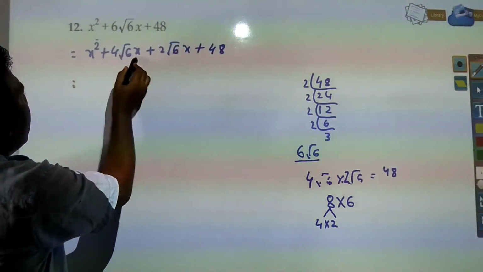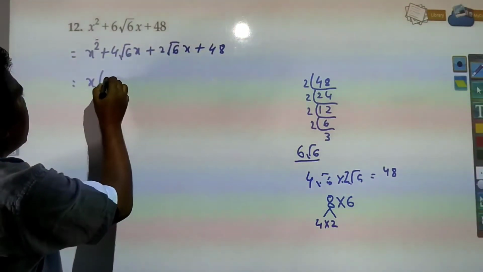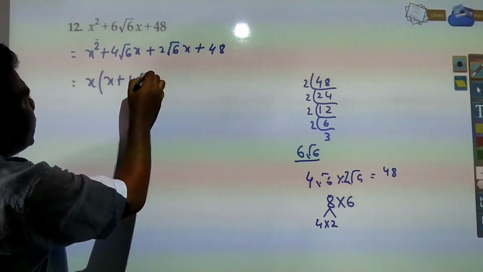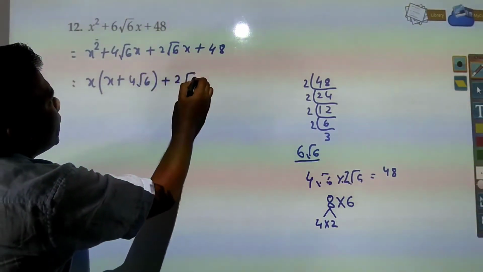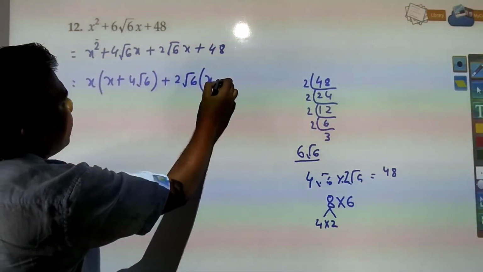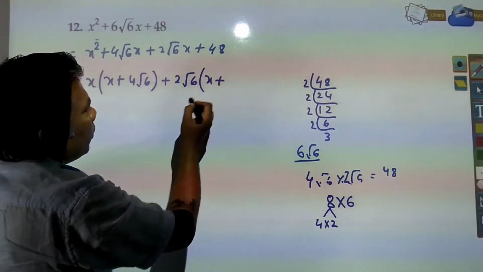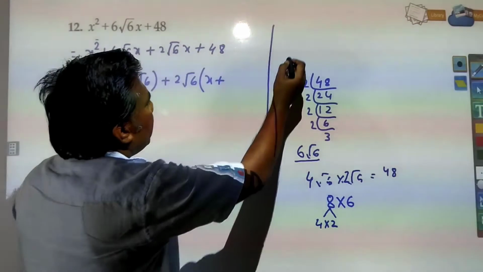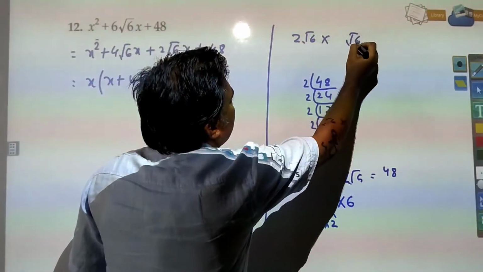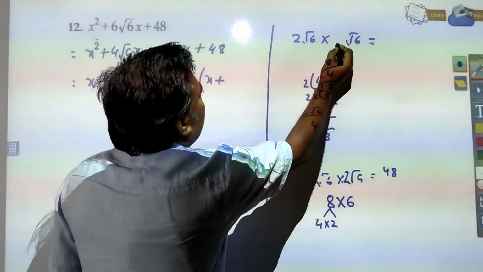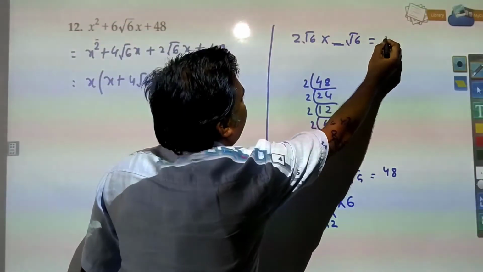And here again common you will be having x plus 4 root 6. Here common you will be having 2 root 6 and x plus, again here what number you will write, the same method you apply, 2 root 6 into root 6, and product you should get 48.